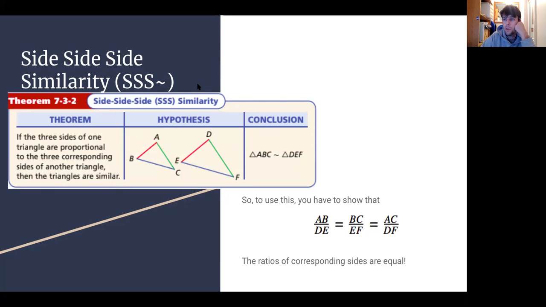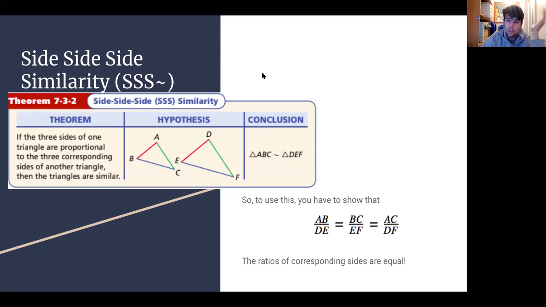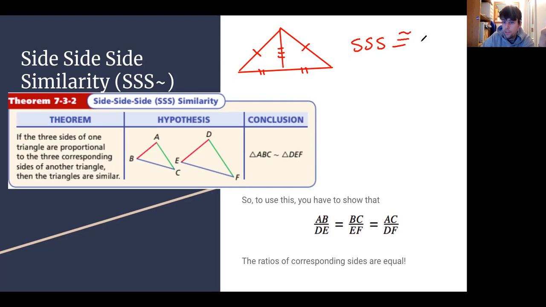So again, this is different from side-side-side congruence, because that one was if we have these two triangles, something like this, and we know that we have congruent sides and then congruent sides. This is SSS congruence. We have three corresponding congruent sides. Similarity is different.